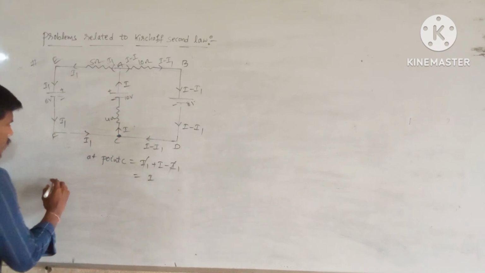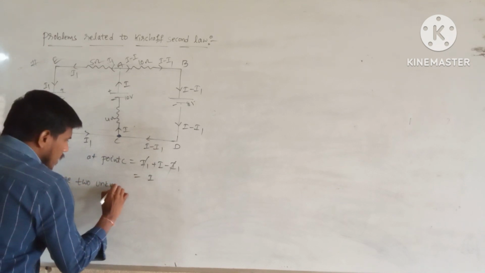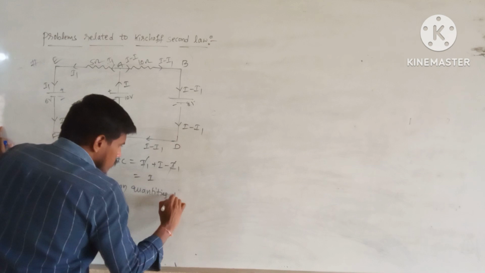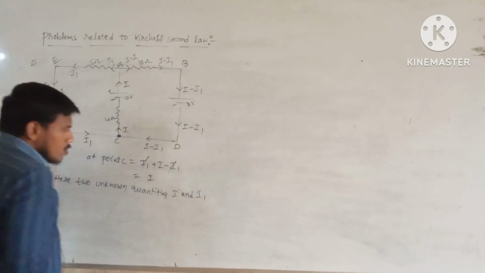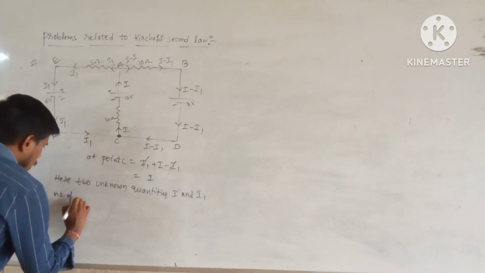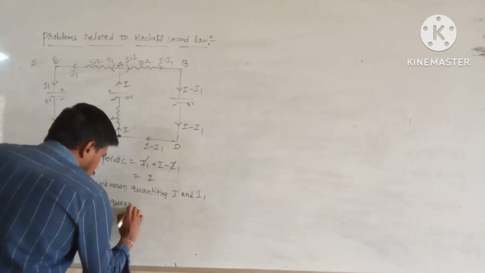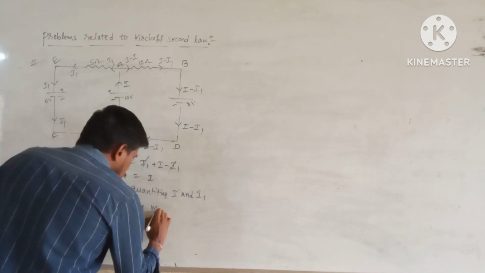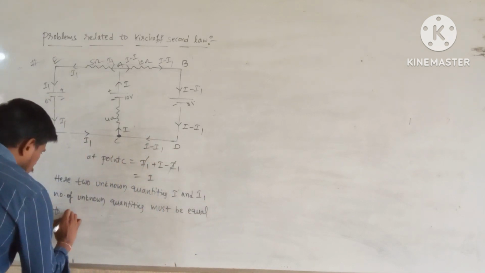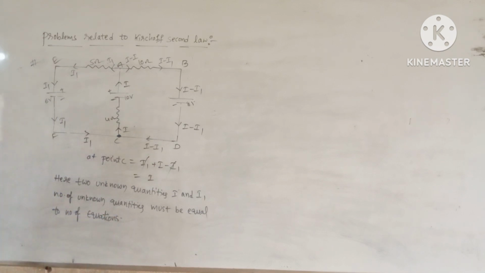I and I1. The number of unknown quantities must be equal to the number of equations.